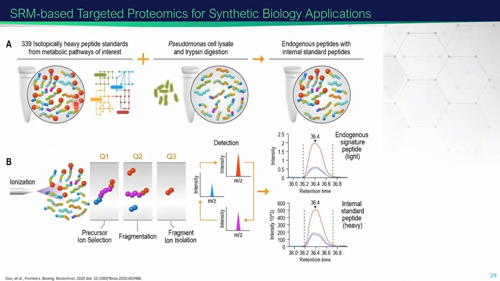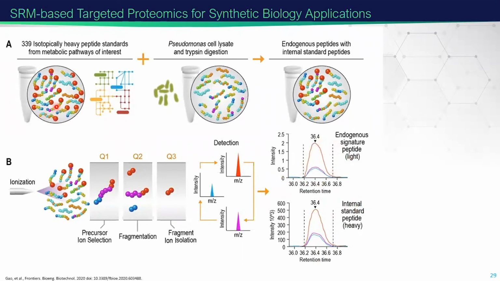So you have a mass difference between the endogenous peptide and the internal standard, but the chemical and physical properties are the same. Basically, they elute at the same time and have the same fragmentation patterns.